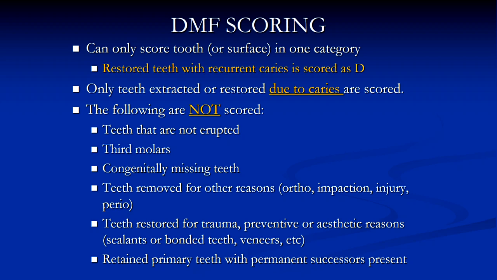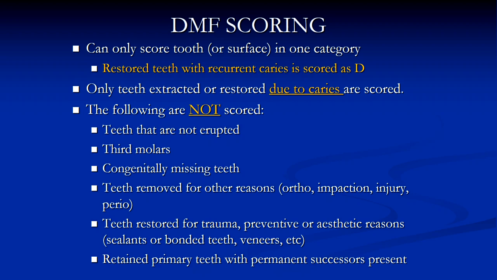Some other things that aren't scored, obviously teeth that are not erupted or congenitally missing teeth are not scored simply because they're not there. We can't assess them. Third molars are not scored in the DMF at all, simply because it's really hard to tell whether a third molar was extracted because there was decay in there or whether there was some impaction going on, those type of things. So for clarity's sake, leave third molars out.